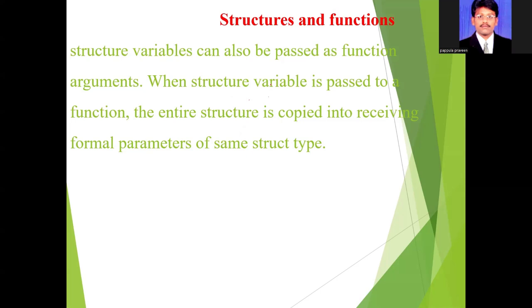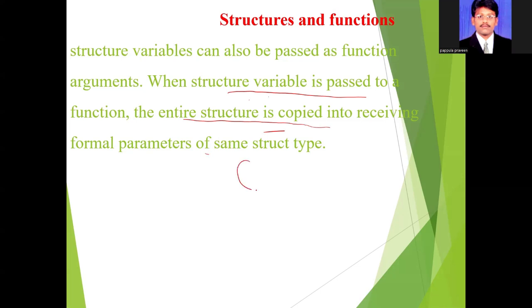And we declare the structure and the structure members. This structure member is passed from calling function to called function. In the called function, the structure variable is a formal variable, similar to our previous concept. When the structure variable is passed to a function, the entire structure is copied into the receiving formal parameters. Remember this point.